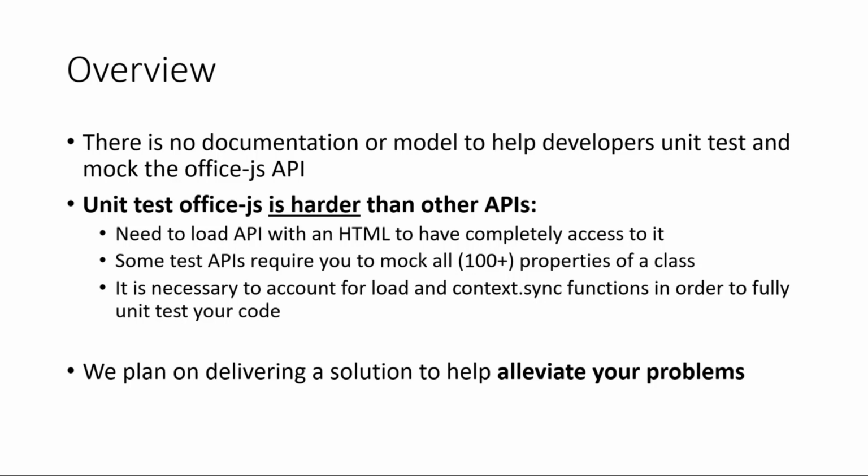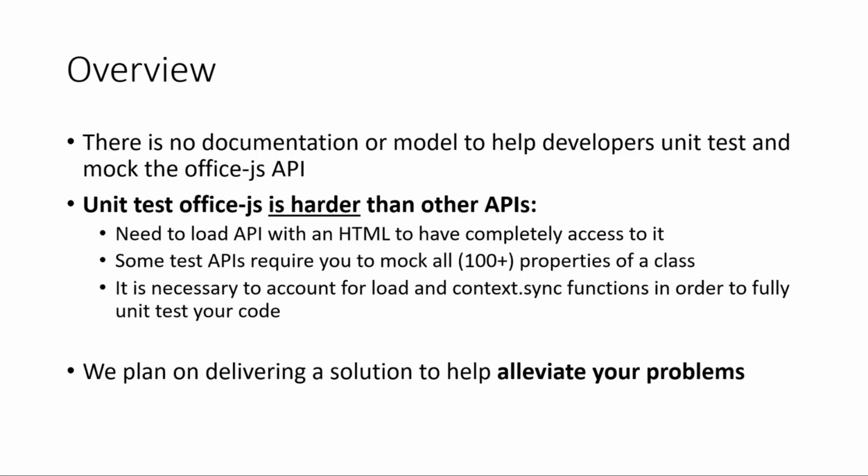The second problem is that some testing APIs require you to mock all properties of a class. For example, if you are using a public testing API like Sinon or Jest, they may require you to mock all the functions of a class, which in Office.js's case can have more than 100 properties. Even though you are only using two functions and only care about those two, you may have to mock all of them, which is not feasible.